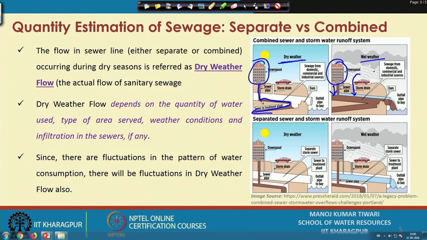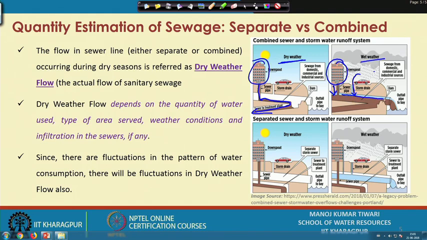So, our channel, which was running mostly empty with very little flow because it had only the sewage flow, may now run quite full because a lot of storm water is coming from the storm drains. A lot of rain water, precipitation water, is coming.